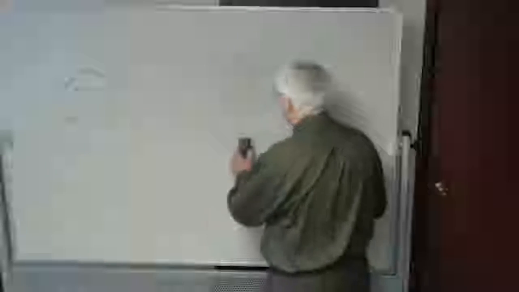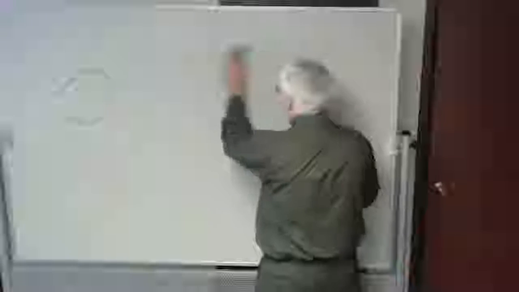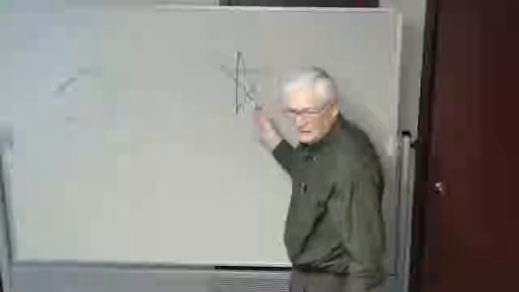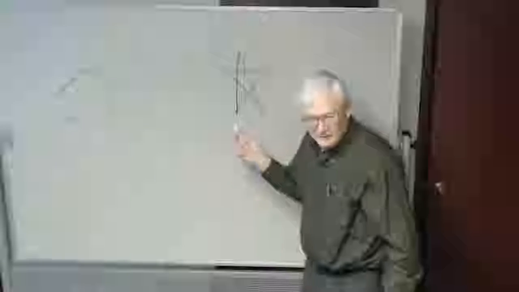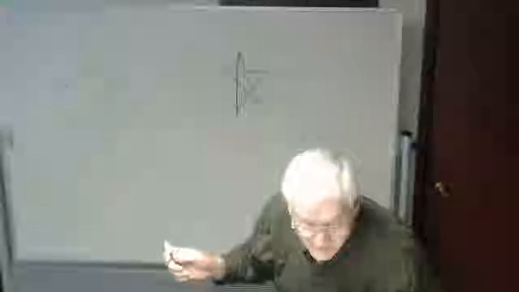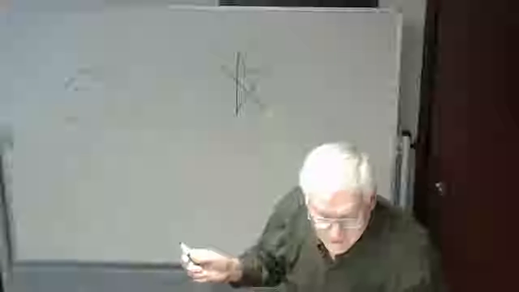Simple means it doesn't cross itself. Closed means it ends where it starts. I mean, I could do this, and it ends where it starts, but that's not simple, because simple does not cross itself.